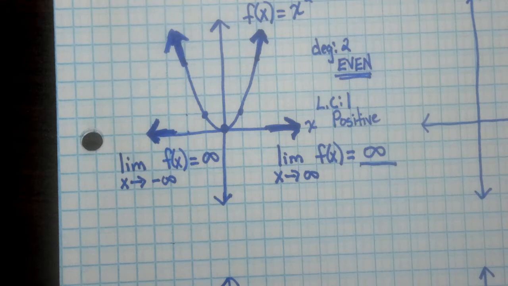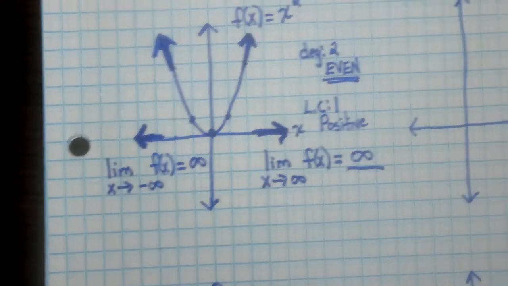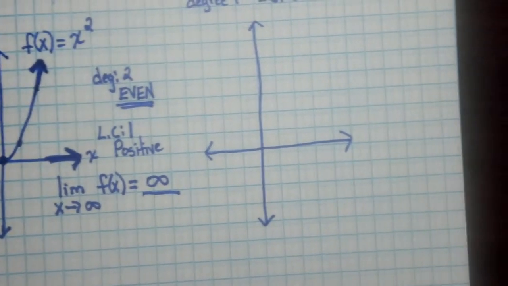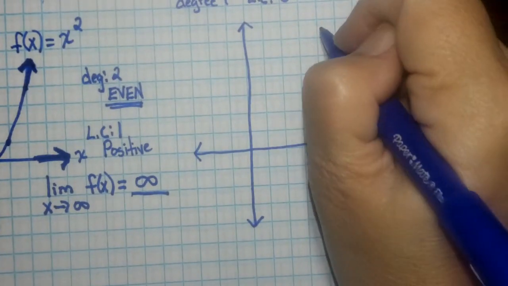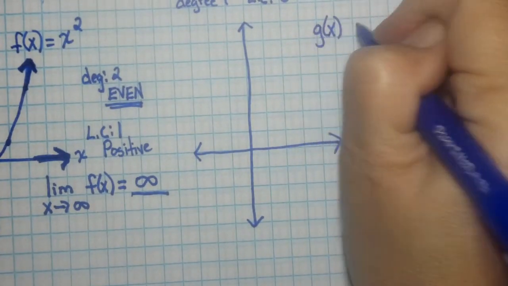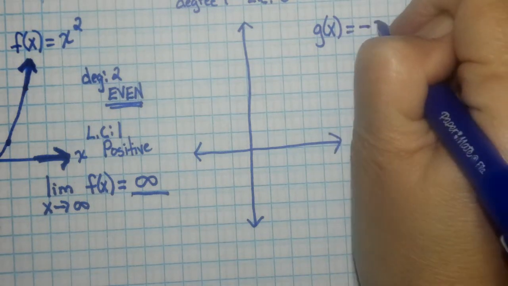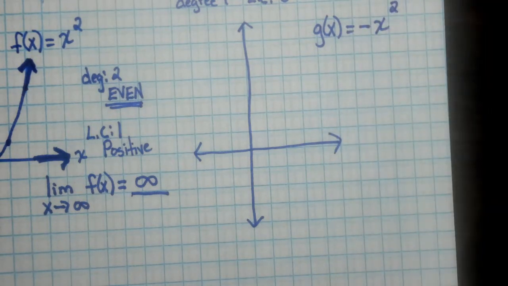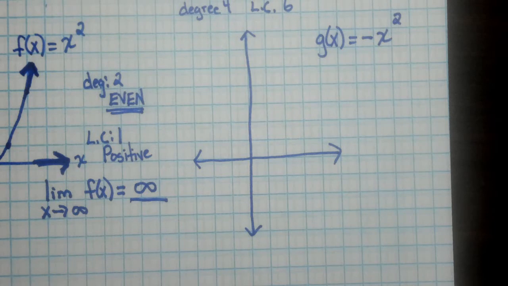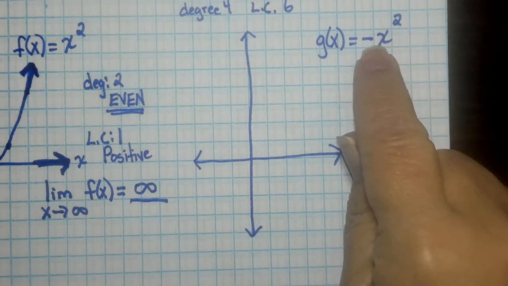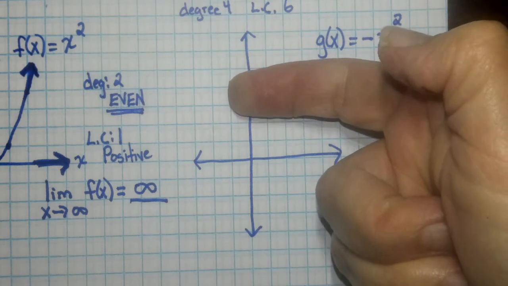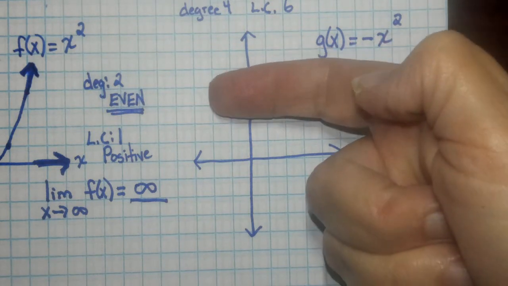Any questions there? Alright, let's slide over to our other graph. I'm going to label this guy g of x, and it's going to be equal to negative x squared. So we just finished our unit on transformations. What happens when you multiply by a negative in front of a function? Reflection. Reflection which way? Reflection over the x-axis.